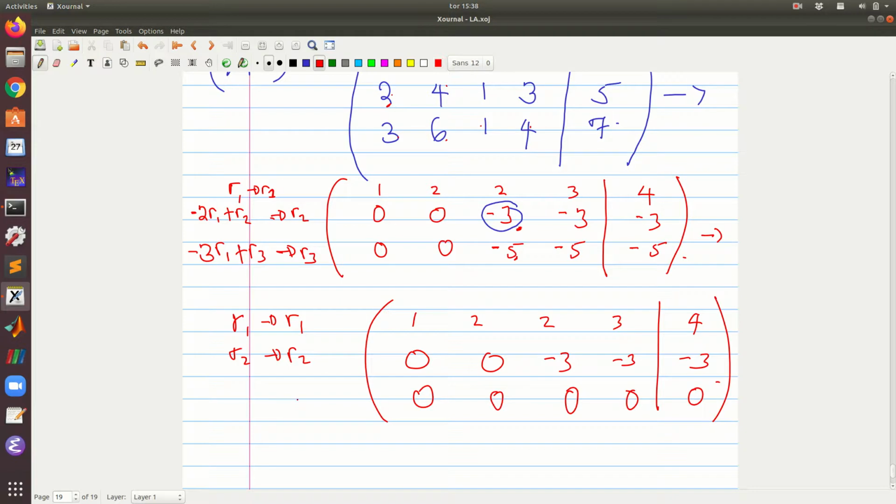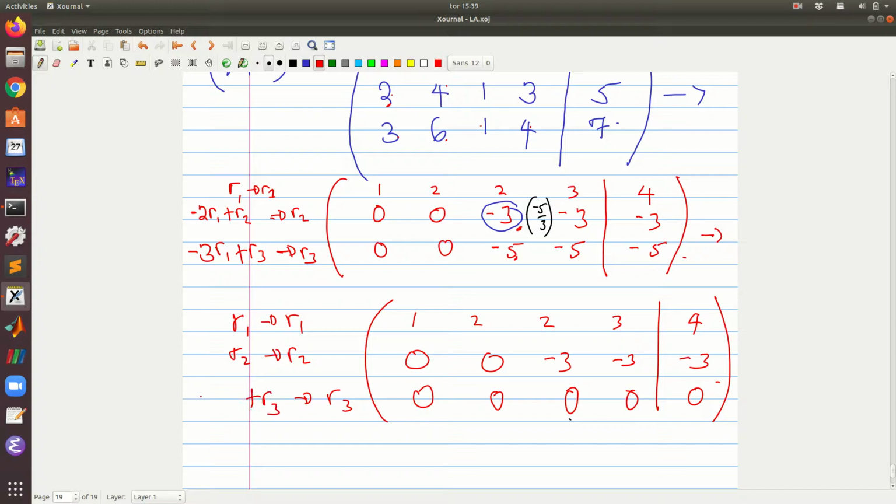Just for completeness, what did we use here? We multiply by -5/3. If we multiply by -5 and divide by 3, we get +5. Add this, we get 0. The same here, and the same here, so we have 0.